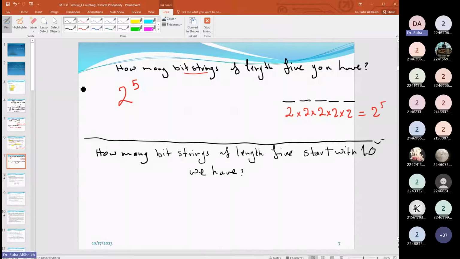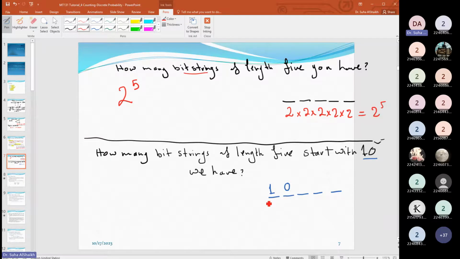So what do they say here? I have a bit string of length 5. So again, I have 1, 2, 3, 4, 5 places. But in this bit string, there is a condition that it starts with 1 0, so the first place is reserved for 1 and the second place is reserved for 0. Yeah. So for the first place I have no options. It is just 1 and a 0 I have.